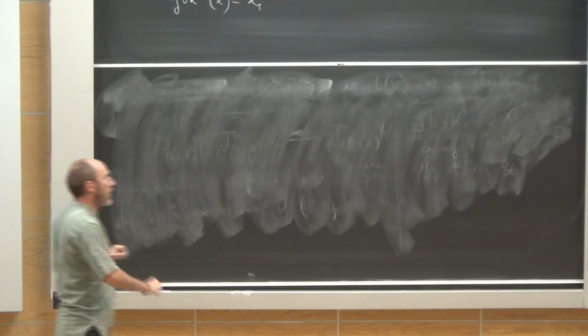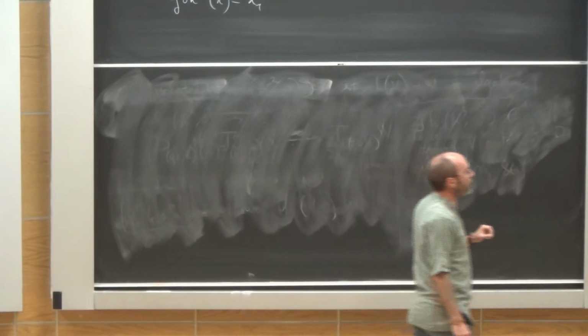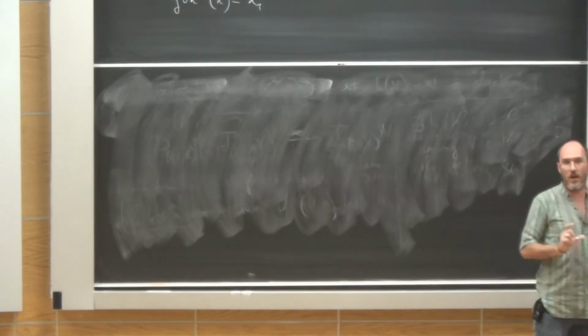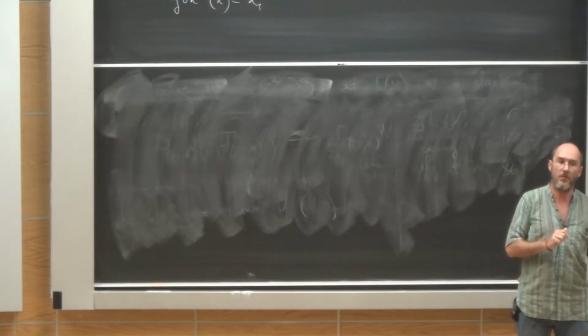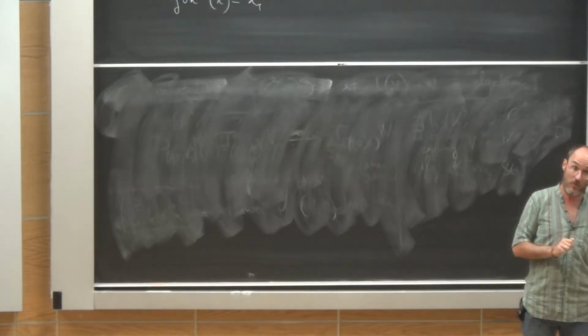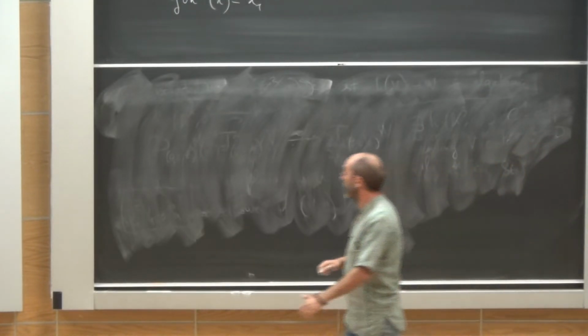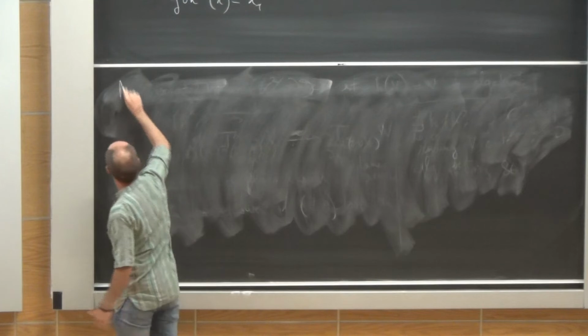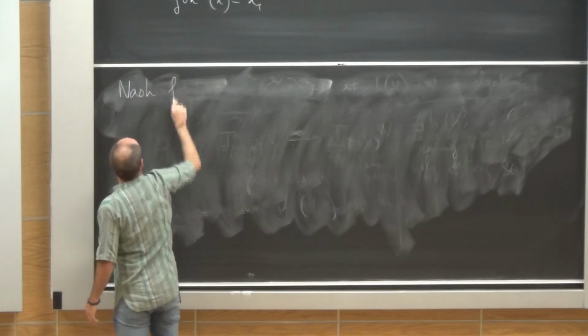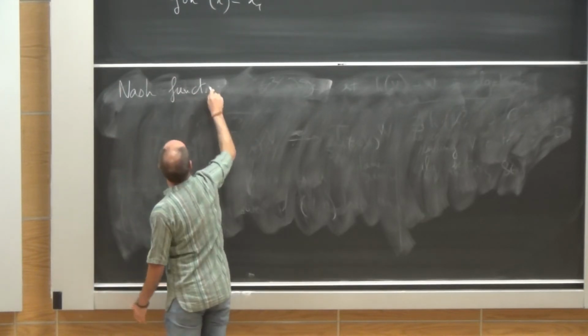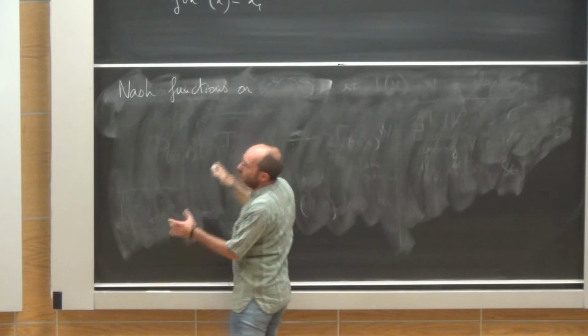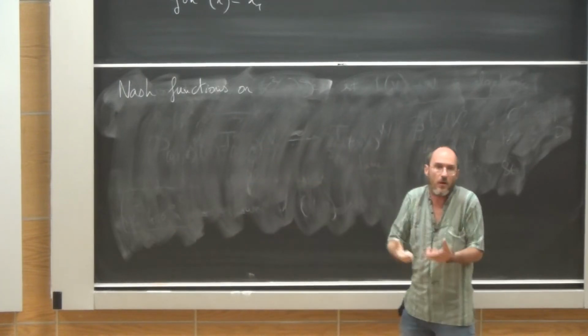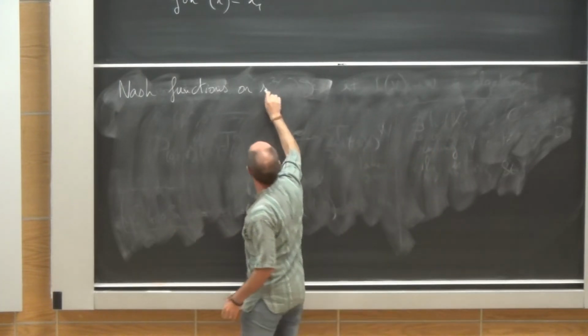So before explaining this, I will introduce a new class of functions, which are in between the algebraic functions and the analytic functions. So these are called the Nash functions. Or, because I'm working, in fact, with power series, I will speak about Nash series.